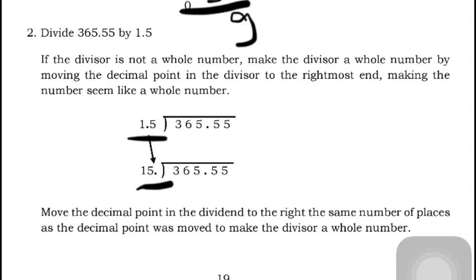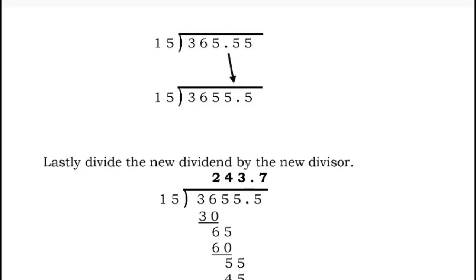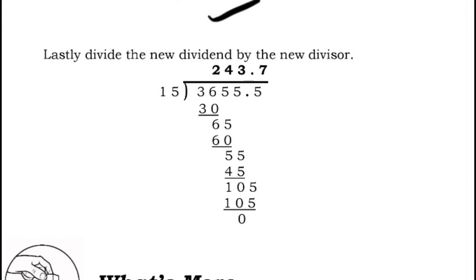Then next is we're going to move the decimal point in the dividend to the right, same number of places as the decimal point was moved to make the divisor a whole number. So you moved here once, so in this decimal point, you're going to move also once. So 365.55 here will become 3,655.5.